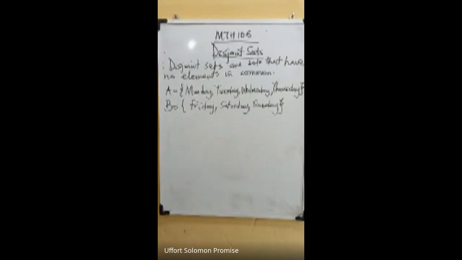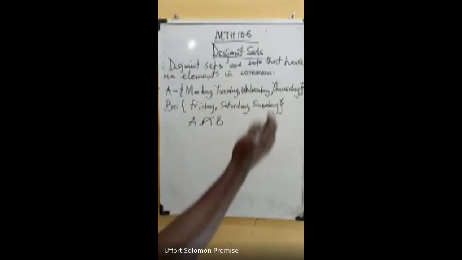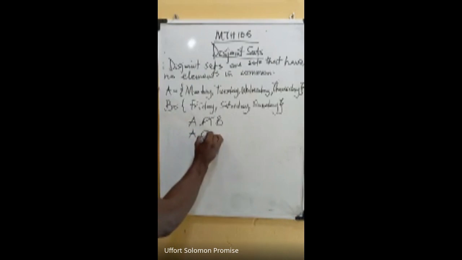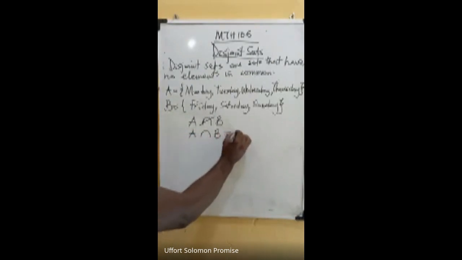Somebody may ask, how do we denote disjoint sets? There is actually no particular symbol that is used to denote a disjoint set. Some texts denote it this way, some texts will denote it this way, and some other ones will say A intersection B is empty.